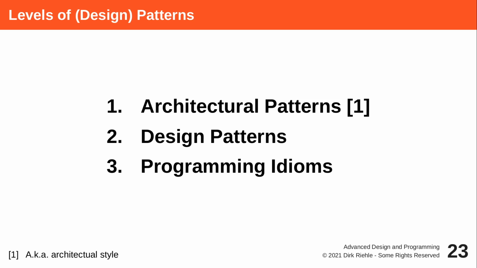Or pipes and filters would tell you that your system could be built as a sequence or a graph of pipe objects that attach filters or components to each other that do some processing on the data that comes through the filters, like in the Linux command line or Unix command line. Those architectural patterns are of a granularity level that is arguably larger, more coarse-grained, or bigger than design patterns.